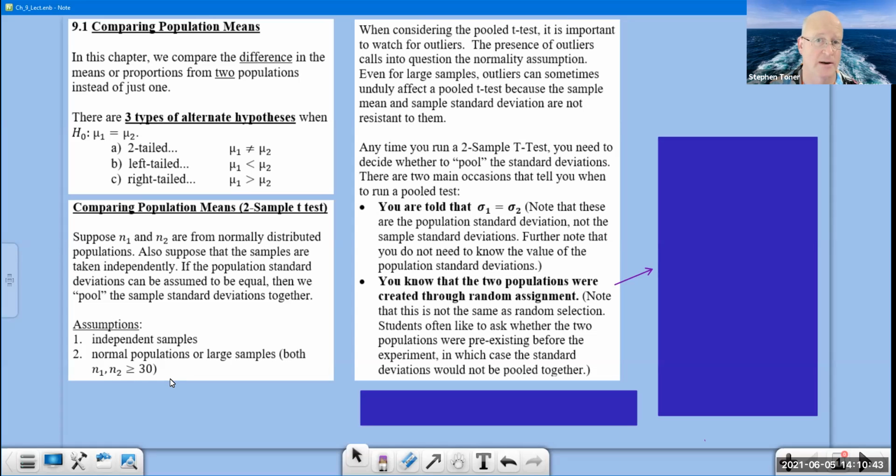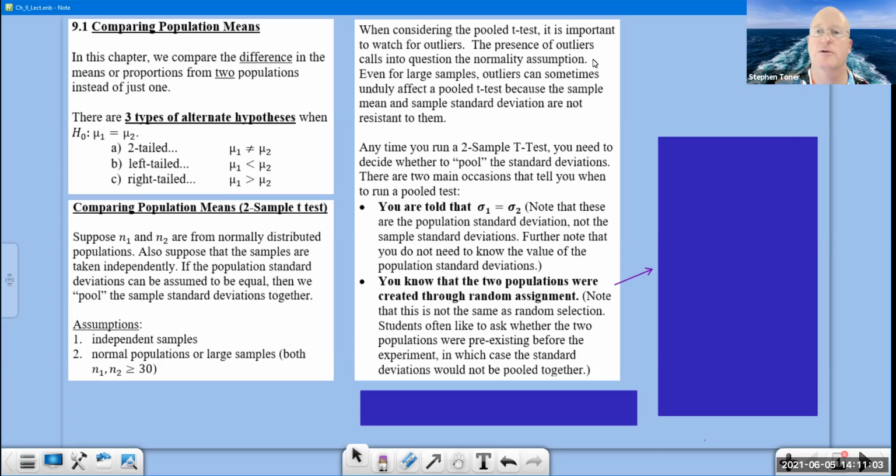I've already stated these assumptions right here, but let's talk about this pooling concept. When considering whether we're going to do a pooled t-test, it's important to watch out for outliers because the presence of outliers calls into question the normality assumption.